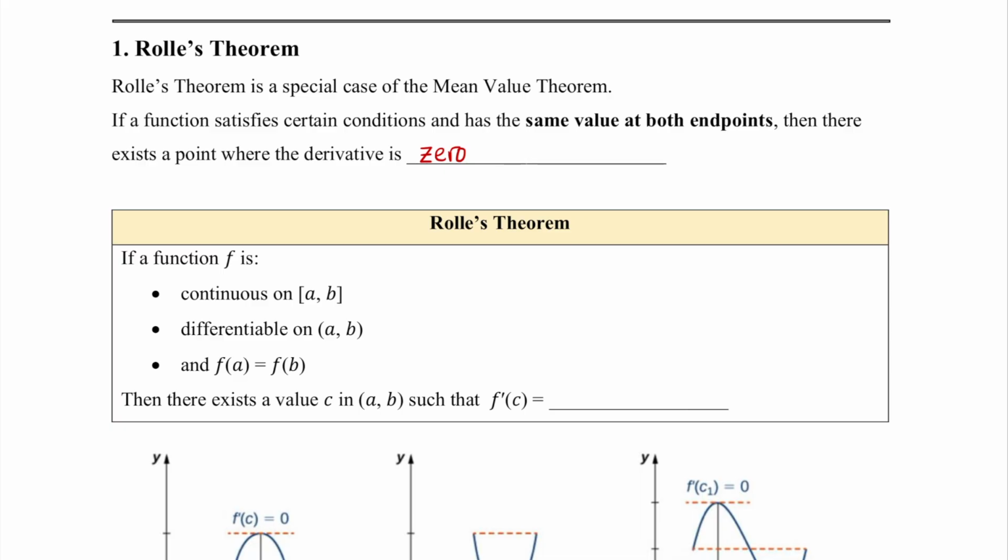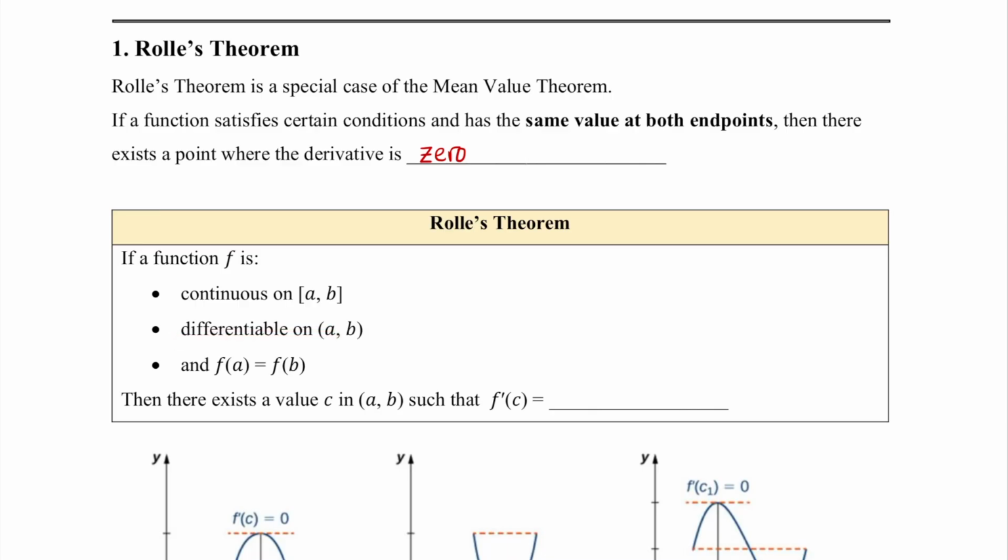Let's make it more precise. Rolle's theorem works if three conditions are true. First, the function is continuous on a closed interval from A to B. That means no breaks, no holes, no jumps. Second, the function is differentiable on an open interval from A to B. That means the graph is smooth, no sharp corners.